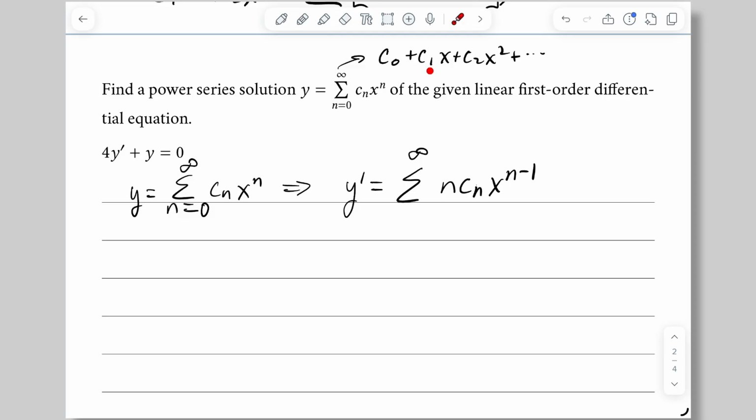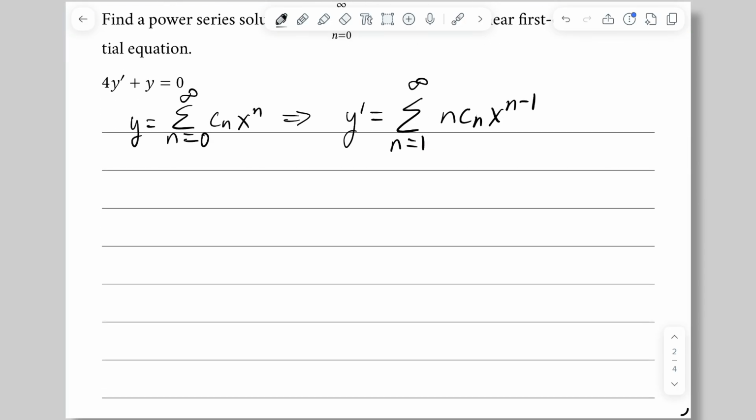So in order to reflect that we've taken this derivative, instead of the index starting at 0, we're going to start the index at n equals 1. And as a general rule of thumb, if our general term for a power series is x to the n, then every time we differentiate, the starting value for the index needs to increase.